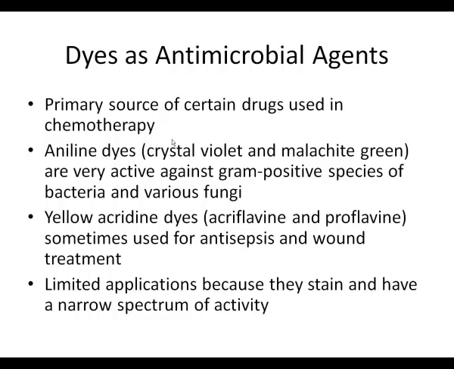Yellow acridine dyes, which are certainly not any that we've used in the lab, can be used in wound treatment. These are safe to use on the skin. You do have some limited applications because they do stain. You certainly wouldn't want to walk around with this big purple smear on a cut or something like that. But they do have some good properties.